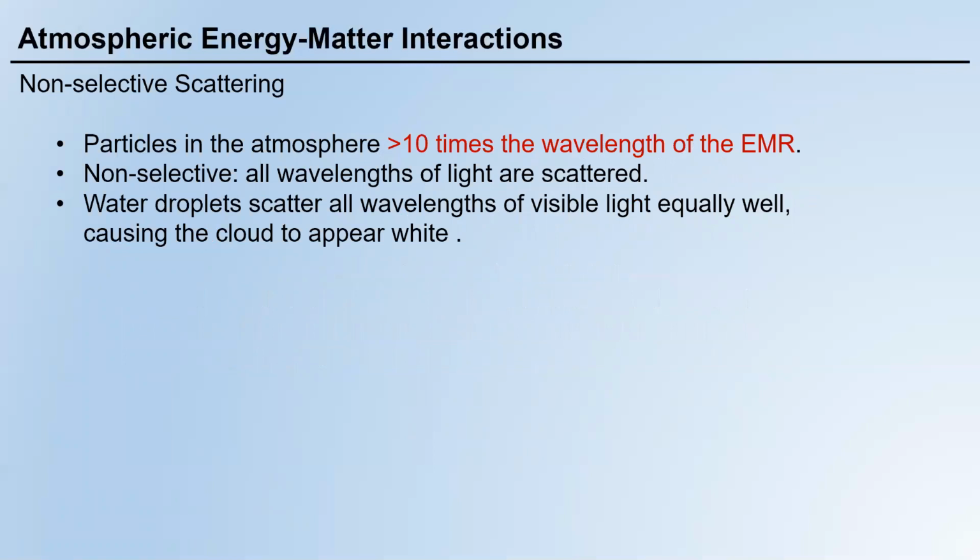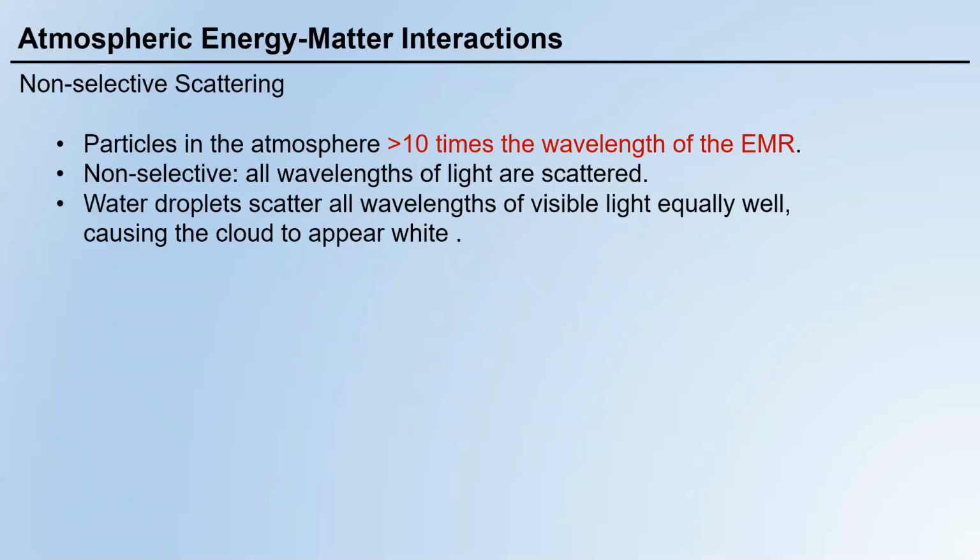It happens when particles in the atmosphere are much larger than the wavelengths of EMR. Okay. So all wavelengths of light are scattered by these particles with a very large diameter. The most famous one, and I think the most straightforward one to understand, is water droplets.